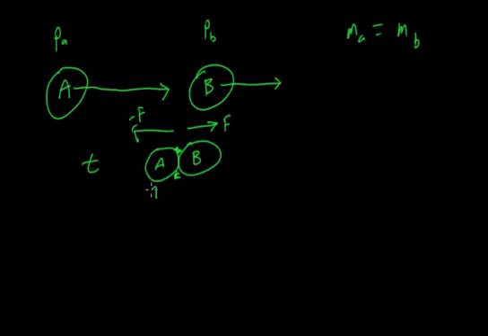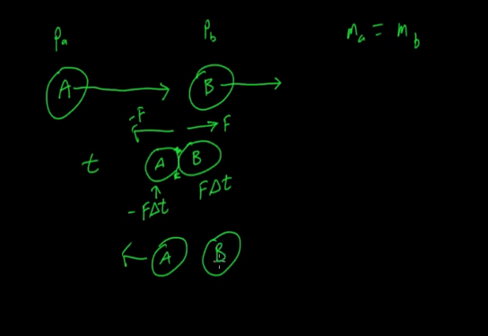So this ball is going to receive an impulse that is negative F delta T. This one is going to receive an impulse that is positive F delta T. So after that happens, depending on the velocities and a few other things, our first ball, maybe it would go back the other way because there's a force acting against it, and our second one has more momentum here.